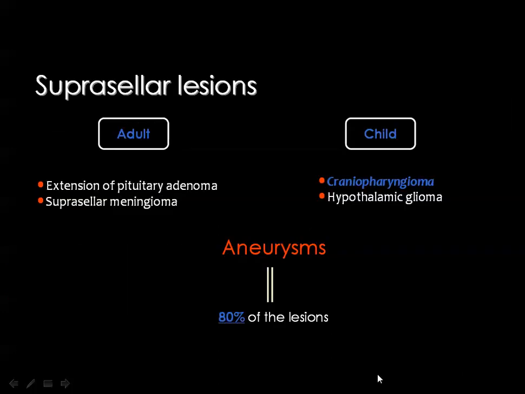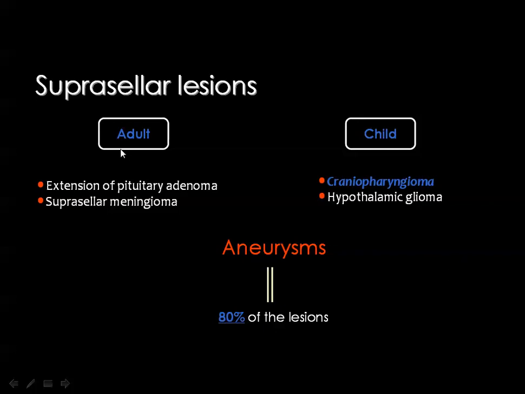Then the suprasellar lesions are too many, as I have said, but we have common lesions and relatively less common lesions. The most common lesions in the suprasellar area depend on the age of the patient. If you are dealing with a child, then there are two common lesions, which are the craniopharyngioma and the hypothalamic glioma.